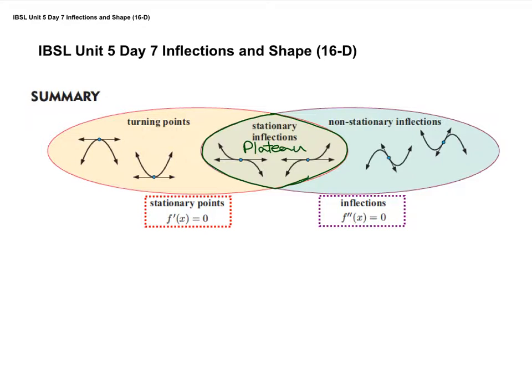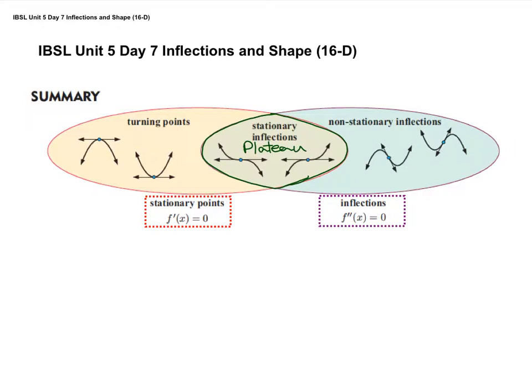But I just want to reiterate one thing before we get to looking at those graphs. We have the set of all the different kinds of stationary points: max points, min points, and plateau points. And then we have the set of the points of inflection that we looked at in the previous two lessons. We have non-stationary inflections, in other words, ones where we're changing concavity but it's not a critical value.